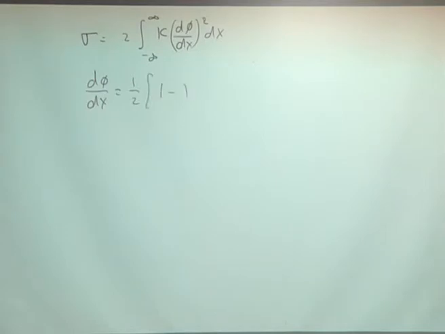So we know that sigma is going to be equal to 2 times the integral from minus infinity to infinity of k d phi dx squared dx. d phi dx is 1/2 times 1 minus the hyperbolic tangent squared of x over 2 delta, times 1 over 2 delta.